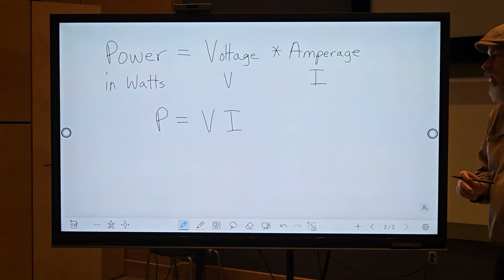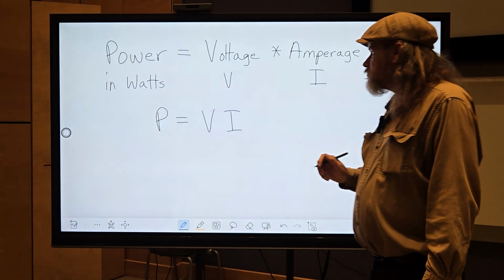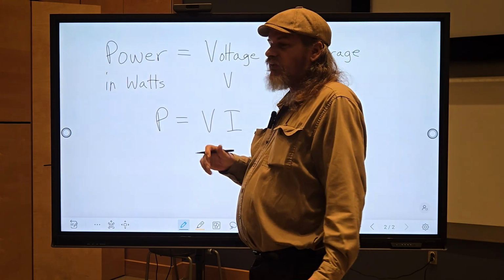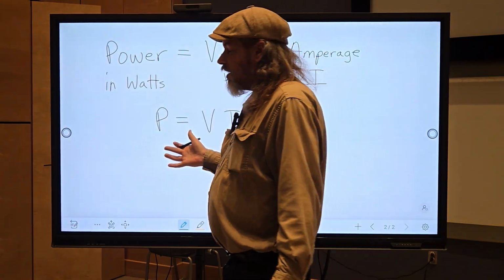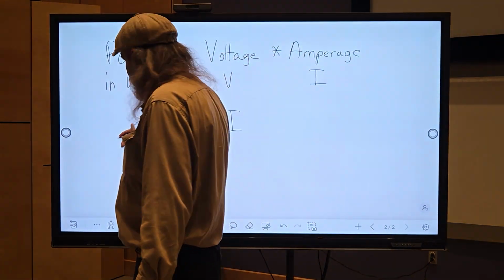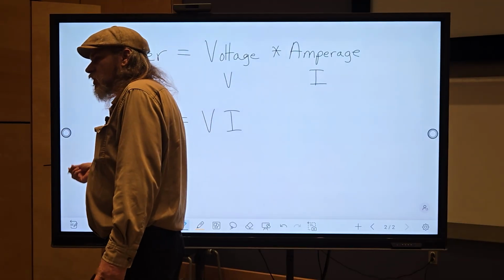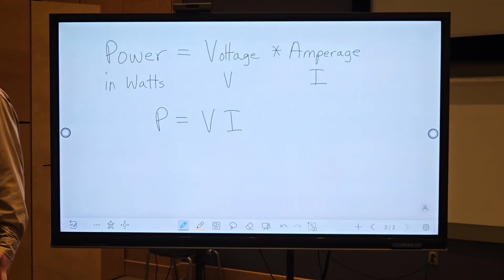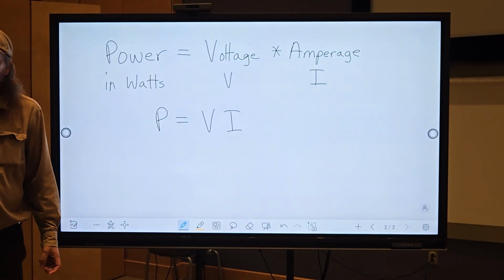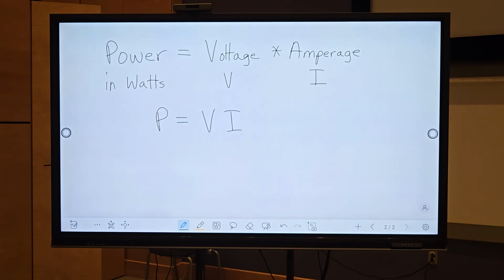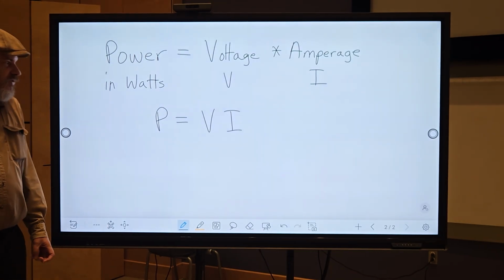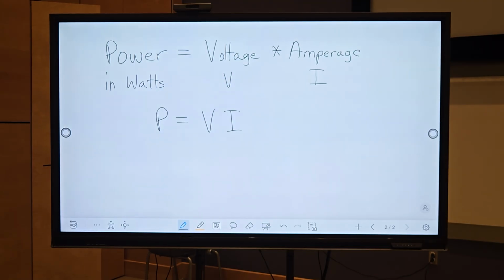Whereas a 25-watt LED light would only use 1/4 of an amp. So you can determine the characteristics of the circuit by just plugging in the numbers into simple equations like this.